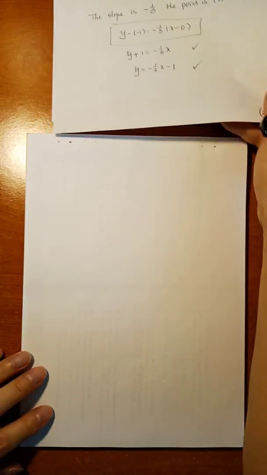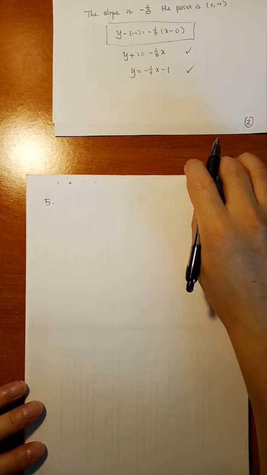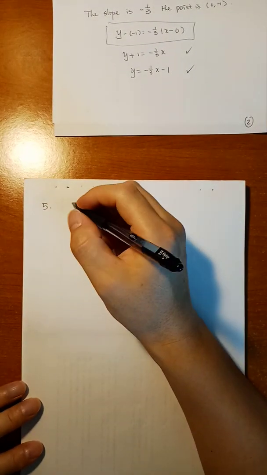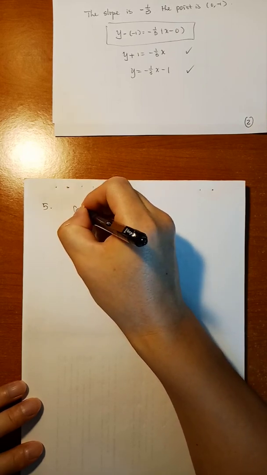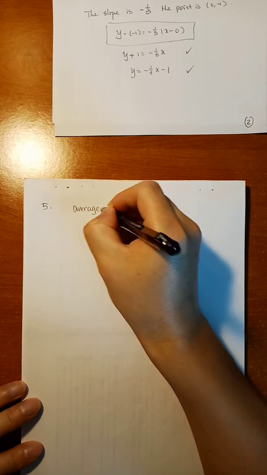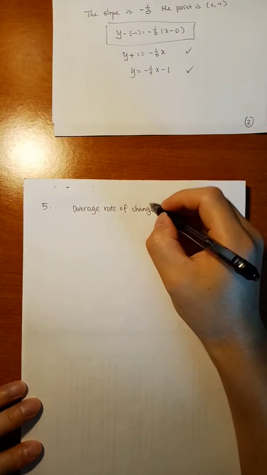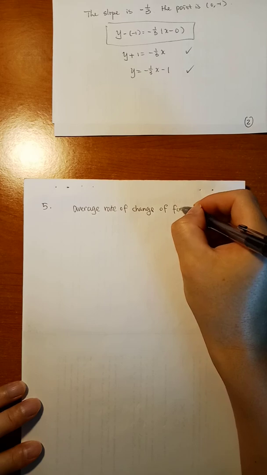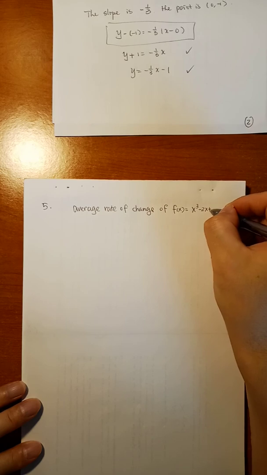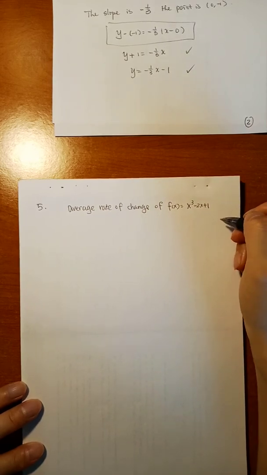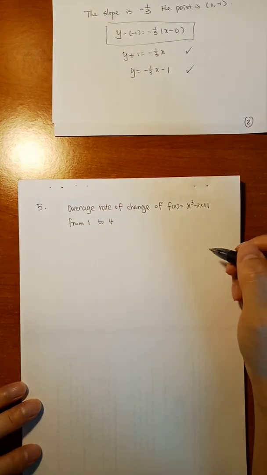Okay. So 1, 2, 3, 4, 5. Okay, 5. Find the average rate of change of f(x) equals x cubed minus 2x plus 1 from 1 to 4.